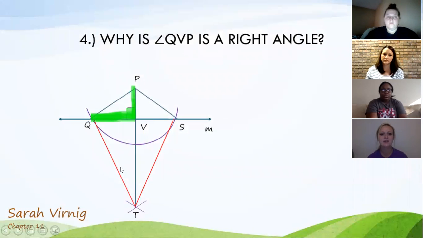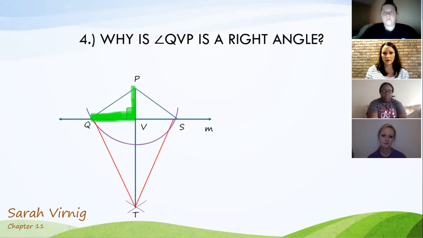Sarah, why is angle QVP a right angle? All right. So again, we need to make sure that we know that a straight line equals 180 degrees. And we see a line here where it's labeled P. It is going to intersect our line. So we know that whatever measurement QVP and SVP are, they're going to add up to 180 degrees.